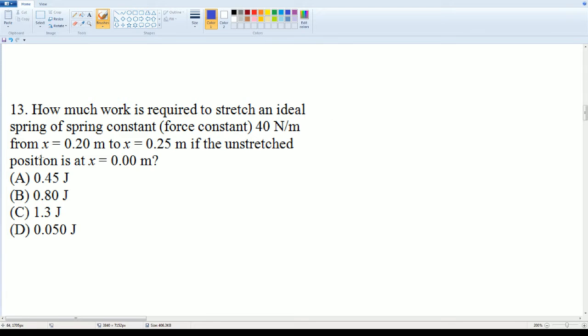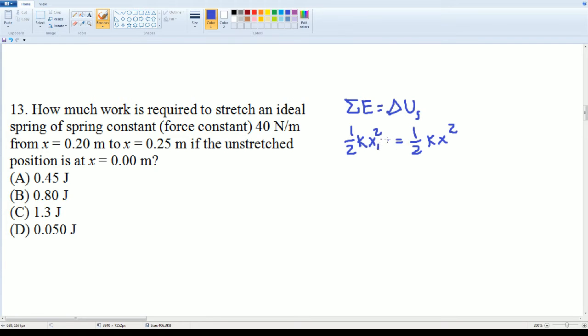There's no gravitational potential and no kinetic energy. So the work is just going to be delta U for the spring. It goes from 1/2 kx squared to 1/2 kx squared.